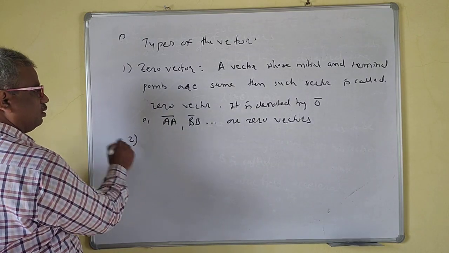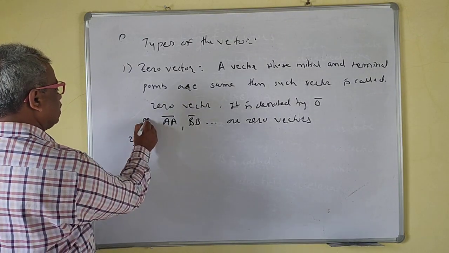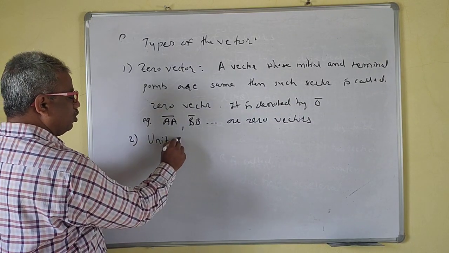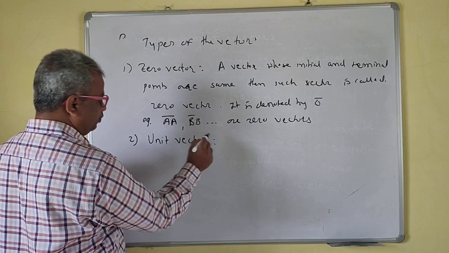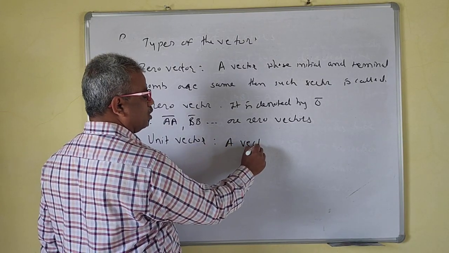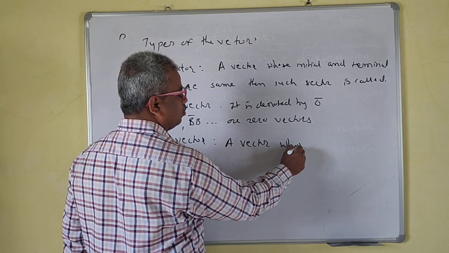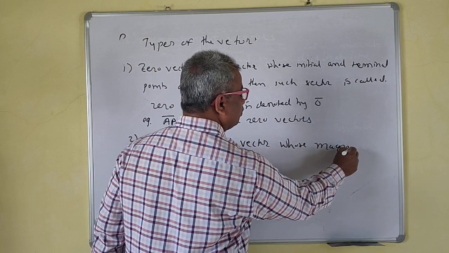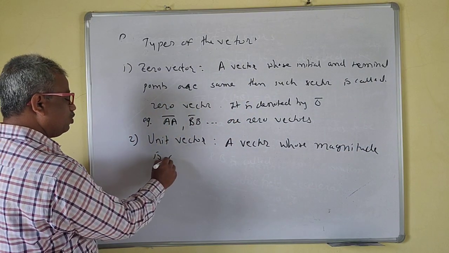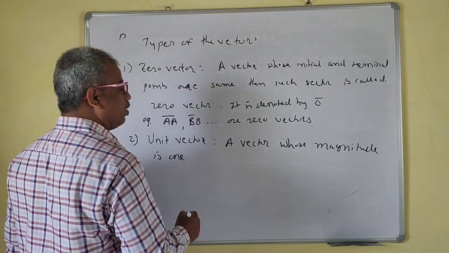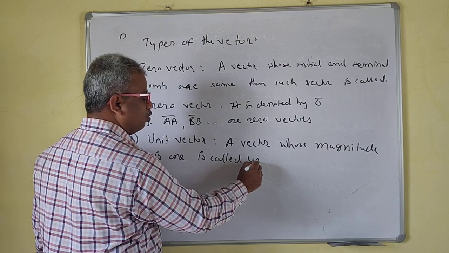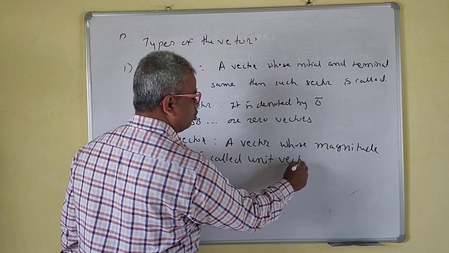Second, the unit vector. A vector whose magnitude, meaning length, is 1 is called a unit vector.